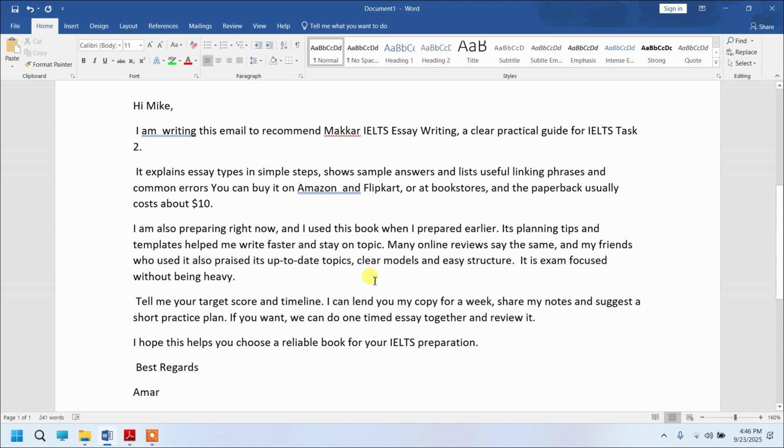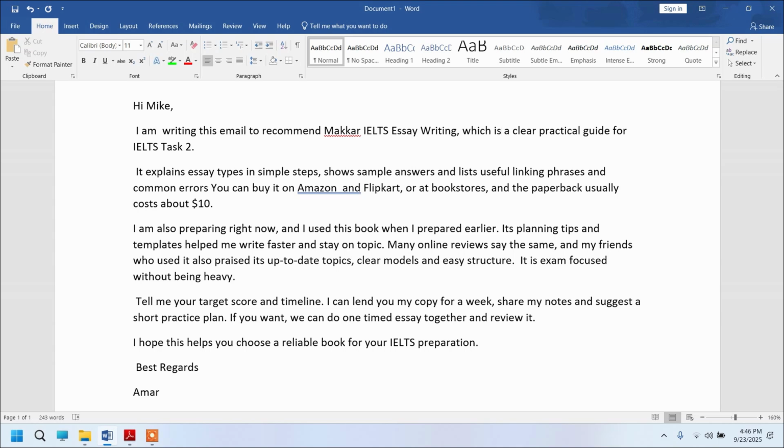Now let's work on this one. First of all, this is a simple sentence: I am writing this to recommend so and so thing. What I can do here is write Makkar IELTS essay writing, which is a clear practical guide.